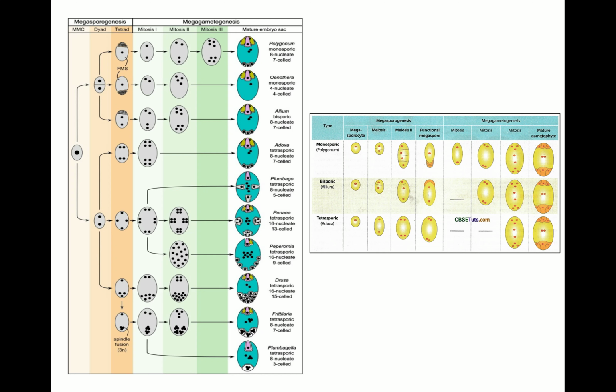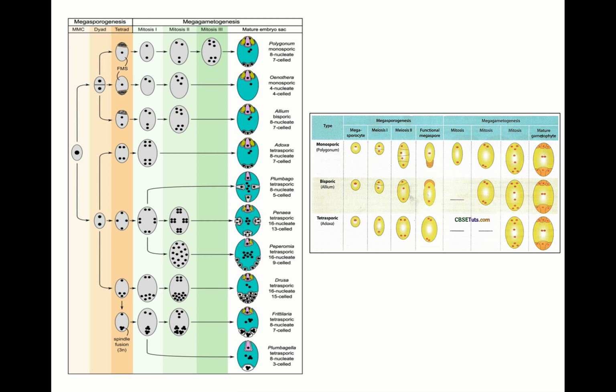They'll ask, write a brief note on Fritillaria type of embryo sac. So you should know this, it is very important. It is a tetrasporic embryo sac, having an 8 nucleate and 7 celled structure. I'll explain this in detail in the coming lecture. For this lecture, just remember that it comes under the tetrasporic embryo sac.